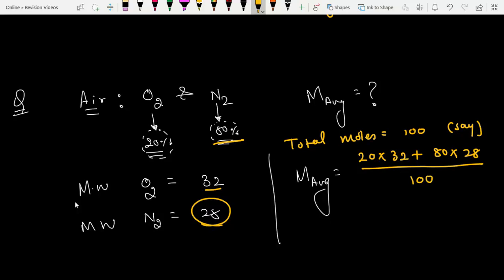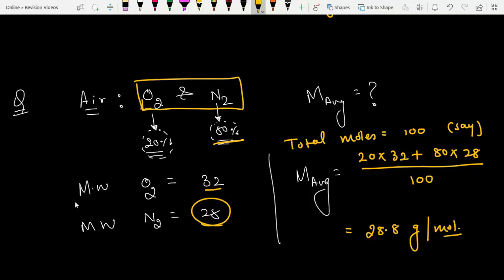So if you simplify this calculation, you will get the average molar mass of air as 28.8 gram per mole. That is, when we have only oxygen and nitrogen in the air with 20% oxygen and 80% nitrogen, you will get average molar mass of air to be 28.8.